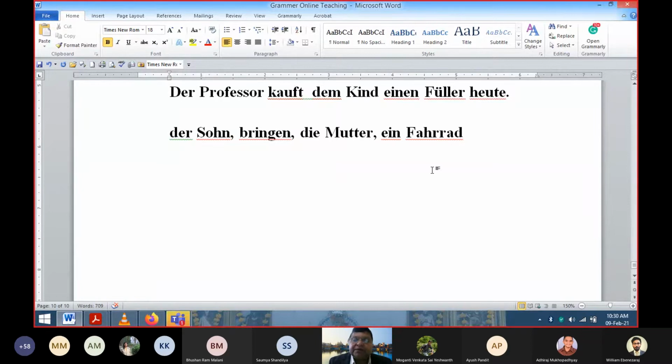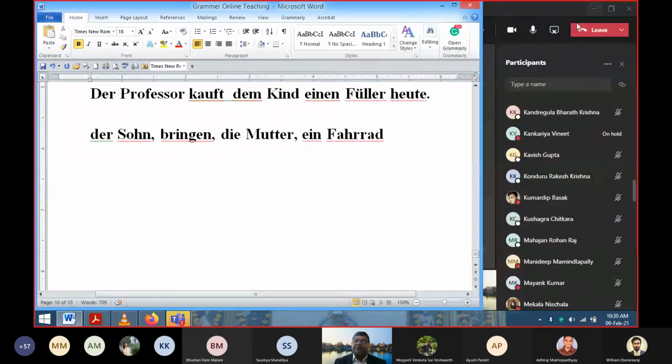Now quickly everybody should make the sentence by using these words. First think which one you are going to make the subject, which one should be the direct object, which one the indirect object, and what the verb conjugation will be. What form of the verb will be suitable. This time you all must be able to make the correct sentence.